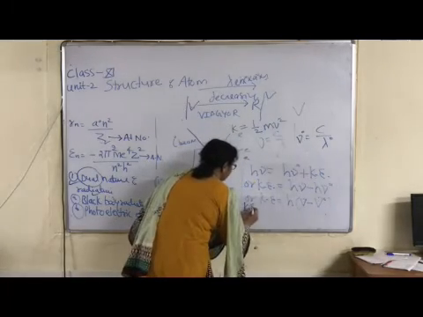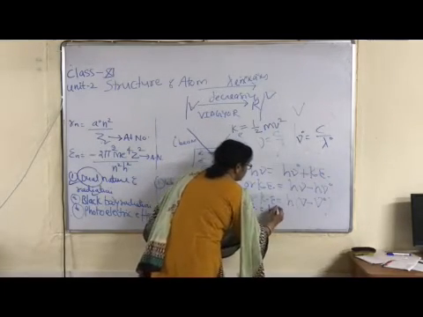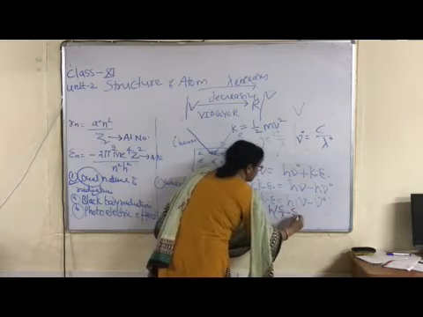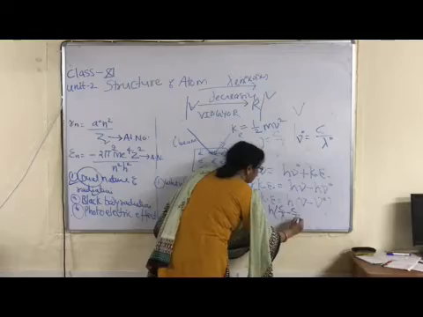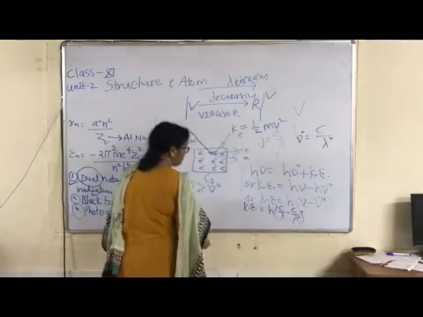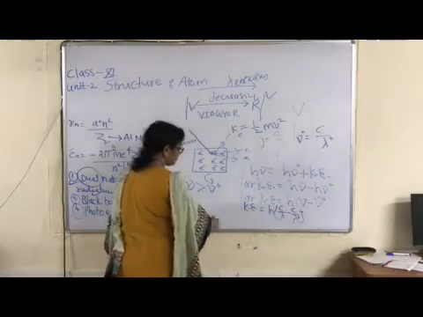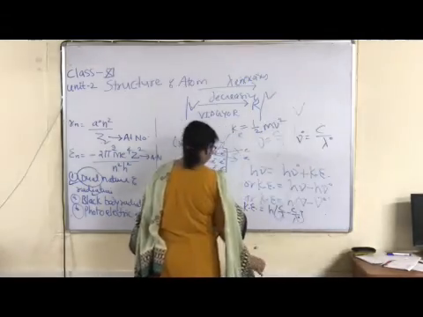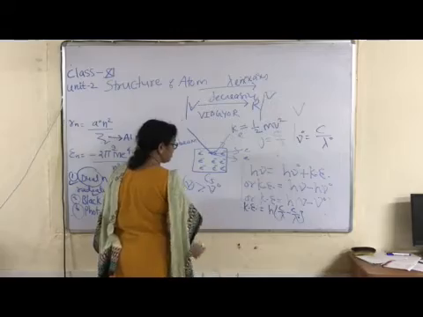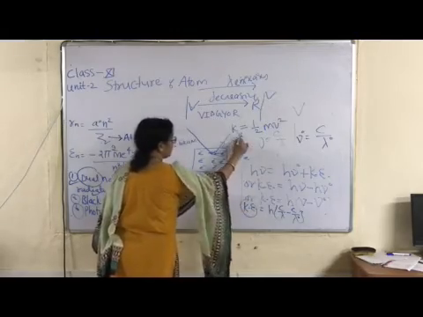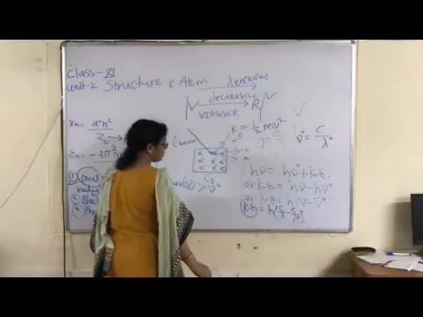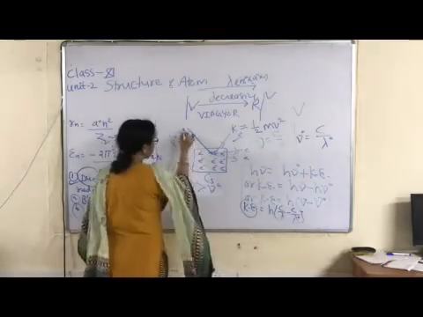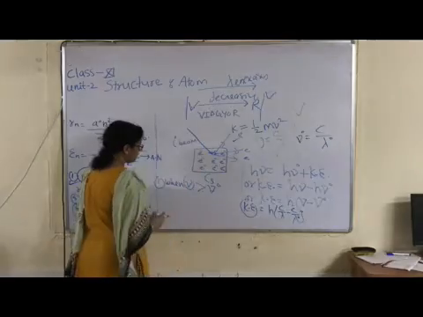Next step, kinetic energy is equal to hc by lambda minus hc by lambda naught. Right? Last one, K is equal to hc times 1 by lambda minus 1 by lambda naught. So this is a relationship between the kinetic energy of ejected electrons and the wavelength of incident radiations. Right?